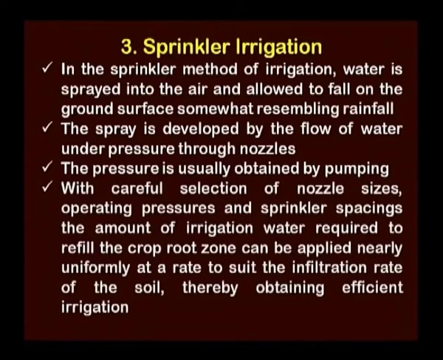With careful selection of nozzle sizes, operating pressures and sprinkler spacings, the amount of irrigation water required to refill the crop root zone can be applied nearly uniformly at a rate to suit the infiltration rate of the soil, thereby obtaining efficient irrigation.